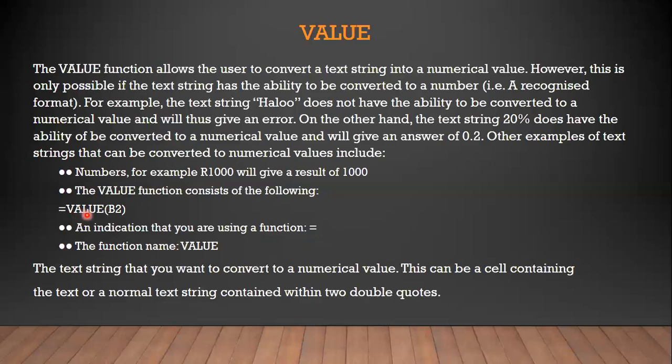The part in the cell is the part that I would like to change. This can be a cell containing the text or a normal text string contained within double quotes. So for it to be able to recognize that it is a string, you have to place it in double quotes. Okay, so let's take a look here.